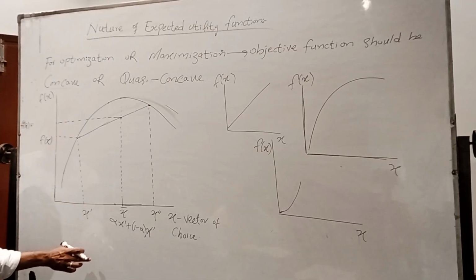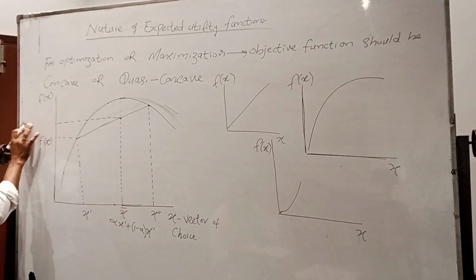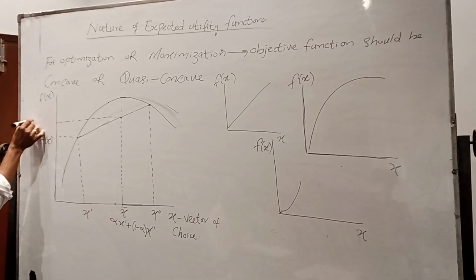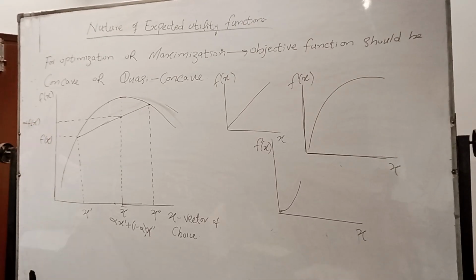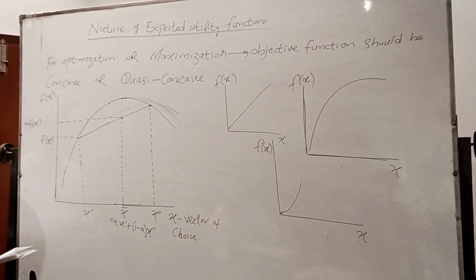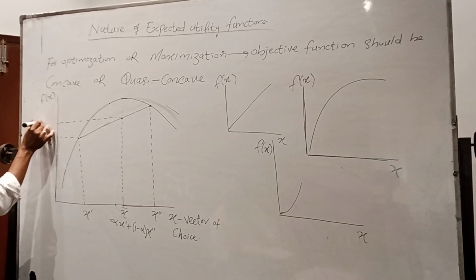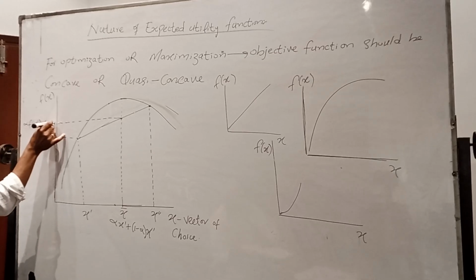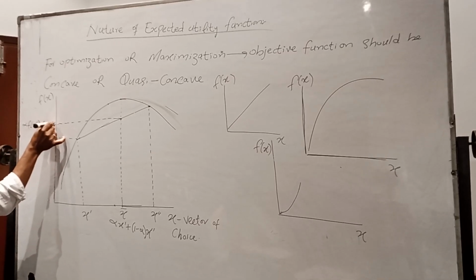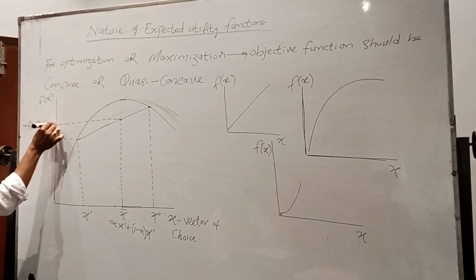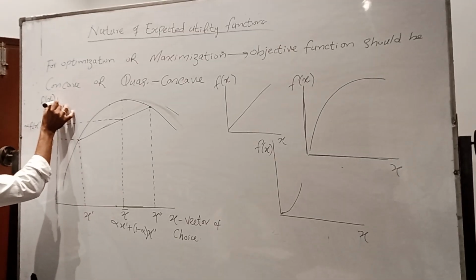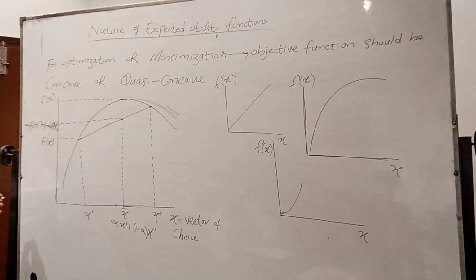So when we apply this, ultimately that is equal to, we can say, alpha f(x dash) and 1 minus alpha f(x double dash), right? And what about this one?